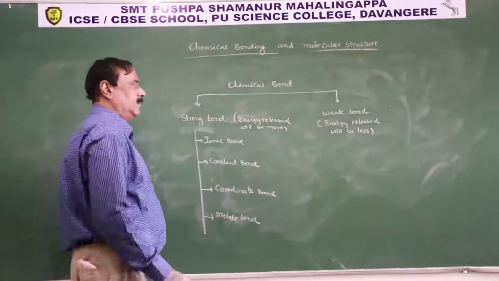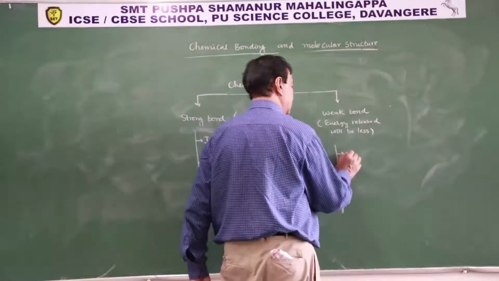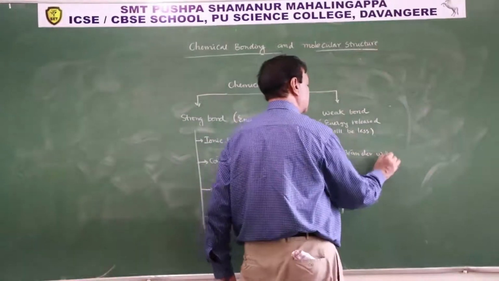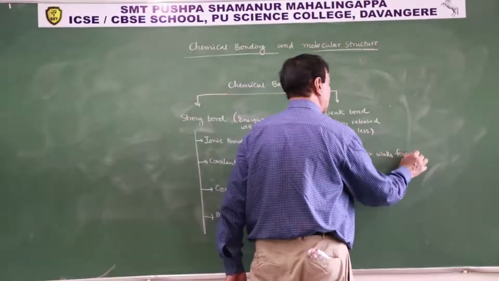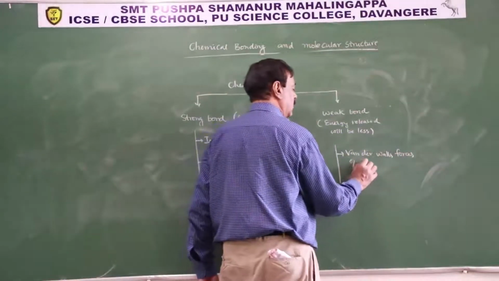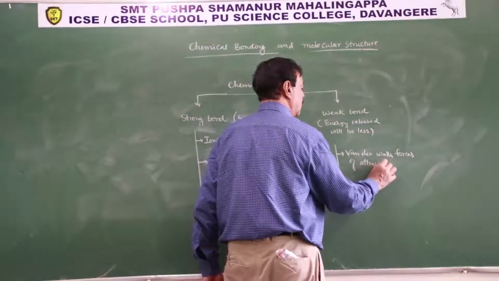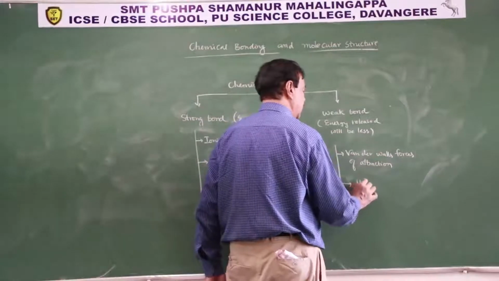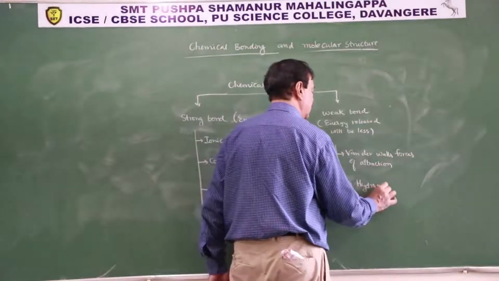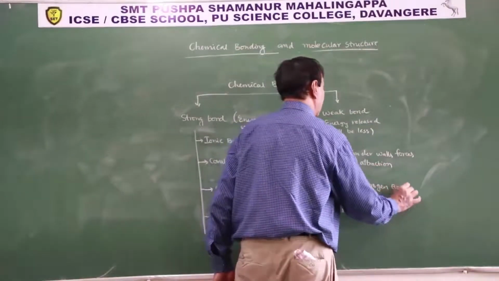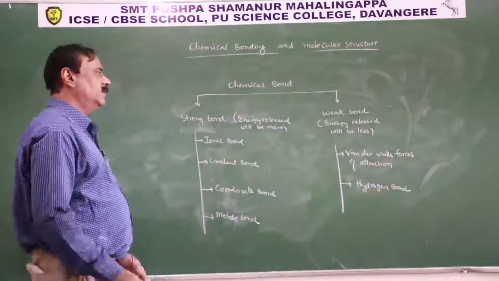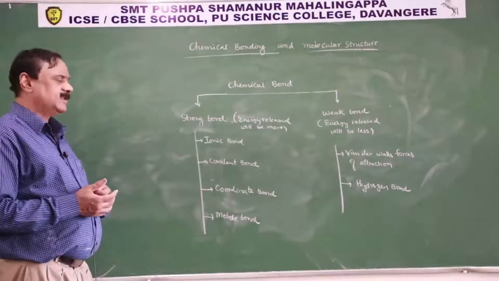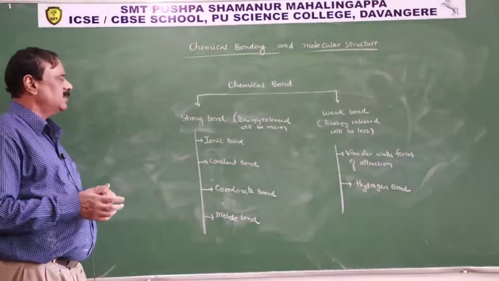Weak bonds are van der Waals forces of attraction and hydrogen bond. Is it clear? This is about the various bonds that are present in the molecules of a substance.